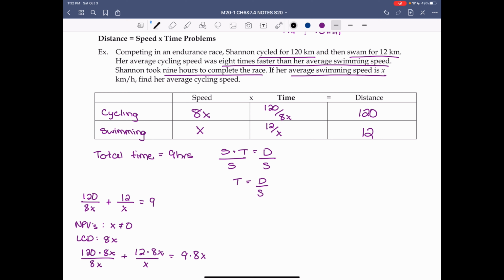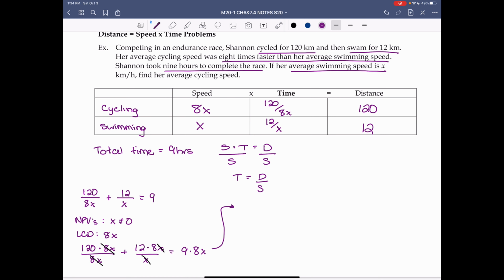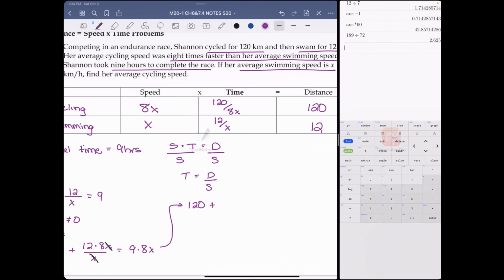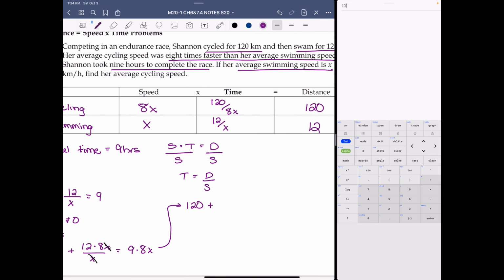In the first fraction, 8x divides with 8x. In the second fraction, x divides with x. We're left with 120 plus 12 times 8 is 96. 9 times 8 is 72x. 120 plus 96, 216 equals 72x.